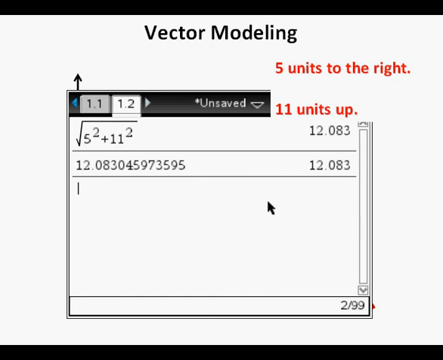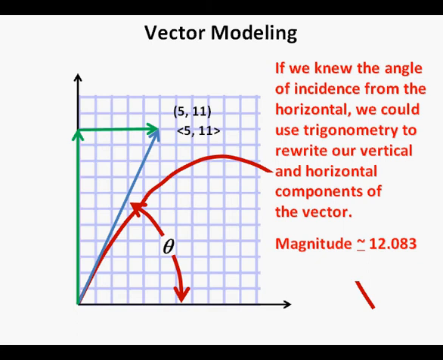If we knew the angle of incidence from the horizontal, we could use trigonometry to rewrite our vertical and horizontal components of the vector. The angle of incidence happens to be about 65.556 degrees. I found this angle by taking the inverse tangent or arctangent of 11 over 5.